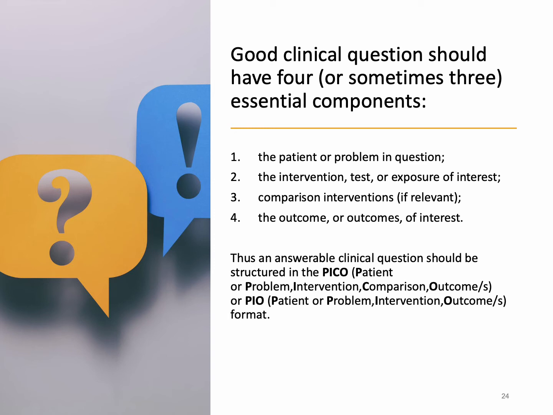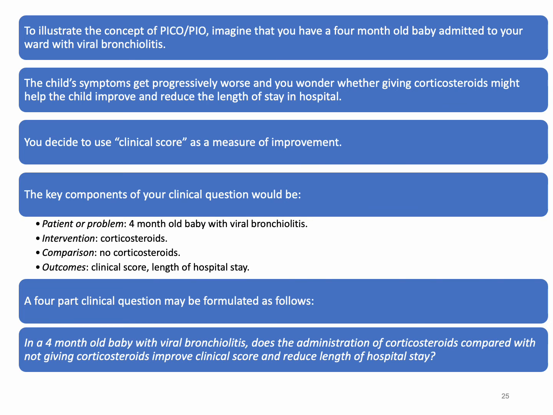Thus, an answerable clinical question should be structured into PICO format. PICO means P for patient or problem, I for intervention, C for comparison, and O for outcome, or PIO. In this format, P is the patient or problem, I is the intervention, and O is the outcome. These PIO formats are also used heavily in our settings.